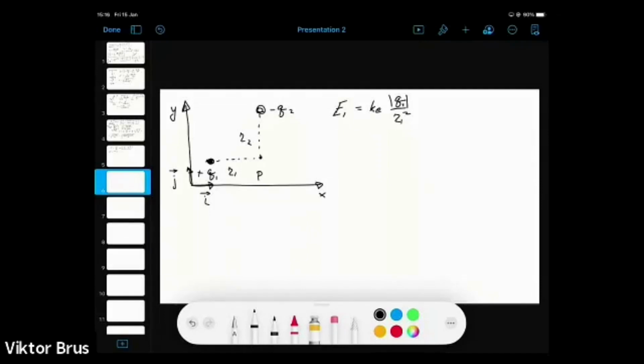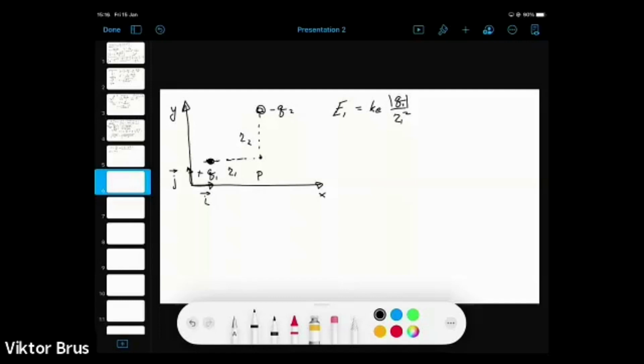And here what we see, we know that the electric field vector is oriented away from positive charges, and it is aligned along the line which connects the charge and the point where this electric field vector has to be determined.